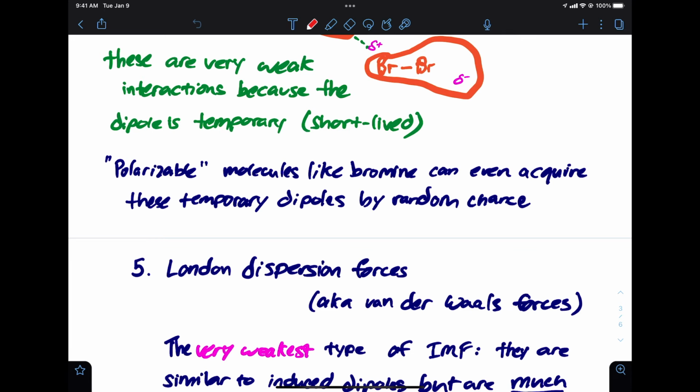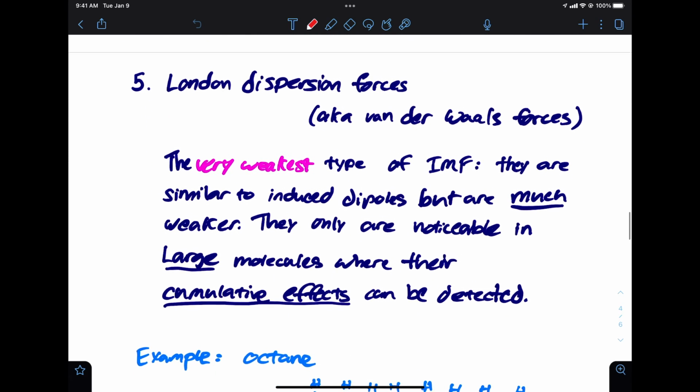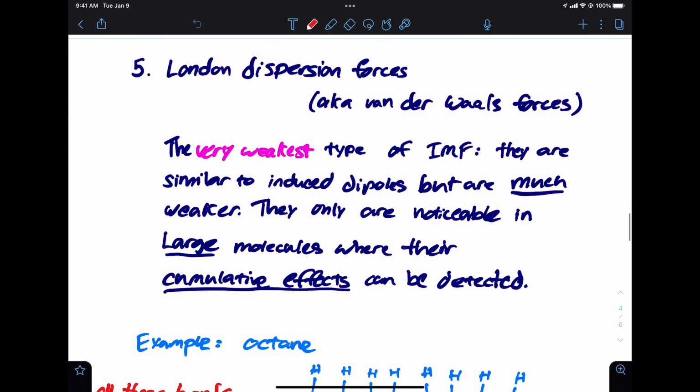And that concept brings us to the last type that I have here, which are called London dispersion forces. Sometimes they're just called London forces. Sometimes they're just called dispersion forces. I will call them London dispersion forces. They're also called van der Waals forces. They can also be called Lennard-Jones interactions.